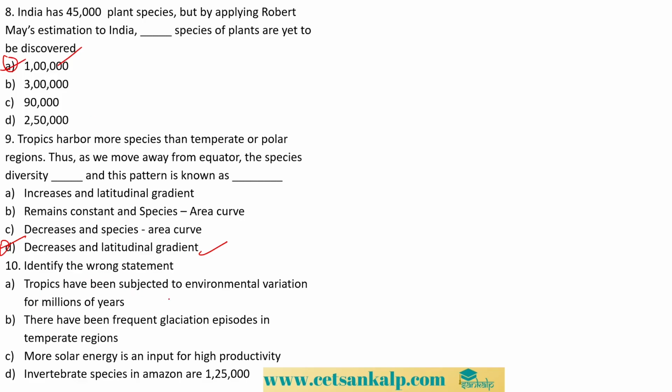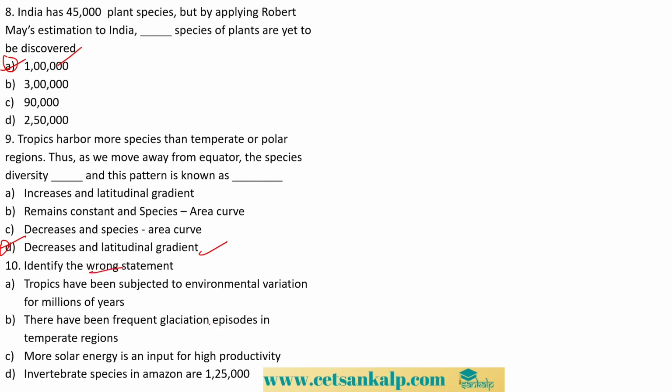Tropics have been subjected to environmental variations for millions of years. There have been frequent glaciation episodes in the temperate regions. More solar energy is an input for higher productivity. Invertebrate species in Amazon are 1,25,000. So they have asked for the wrong statement.